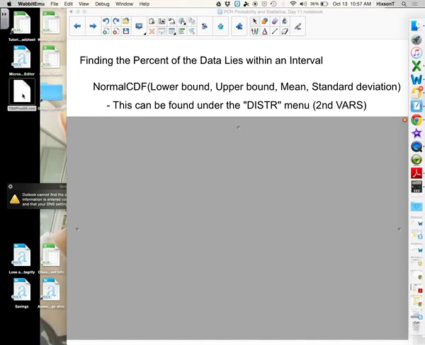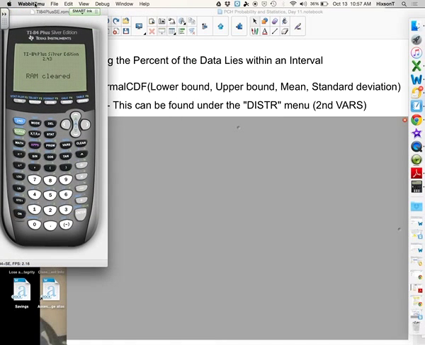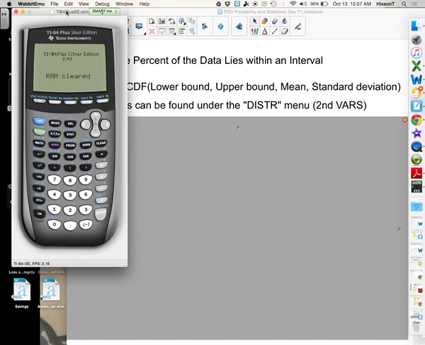You're going to hit second VARS, because it says DISTR. That's for distributions. That's where the functions related to different distributions are. So I'm going to hit second distribution.